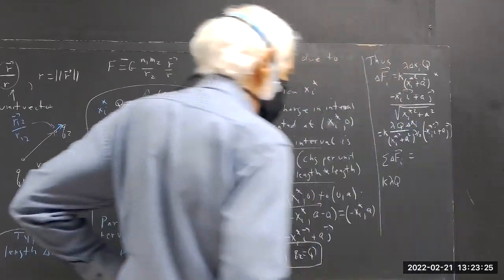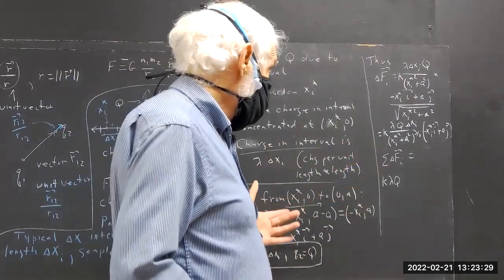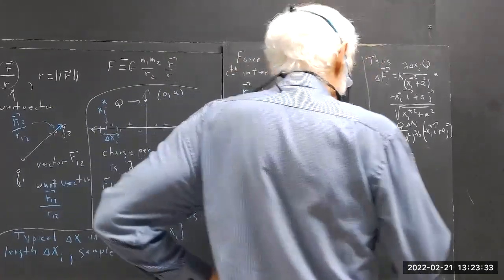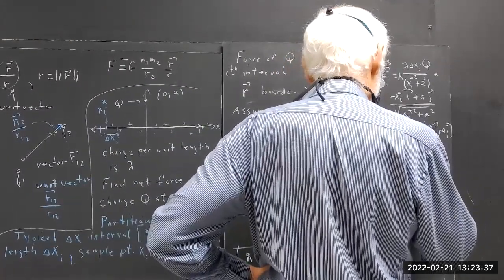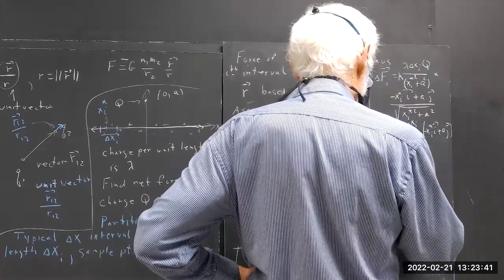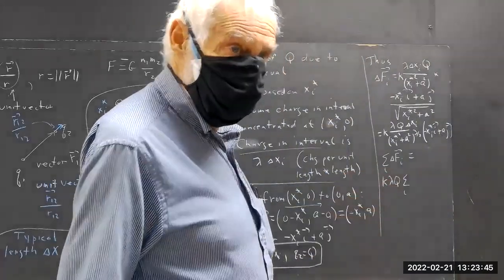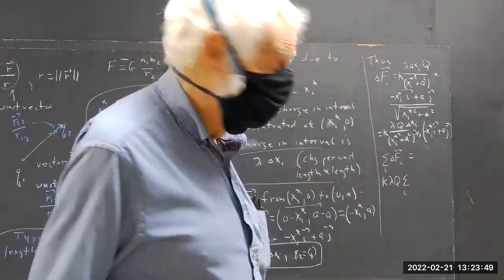First of all, you got K lambda Q out in front. You can factor all of that out. Then it's the sum over I. I'm not going to write I equals 1 to n, but just get the idea. Review your calculus, see how to write it out in detail.